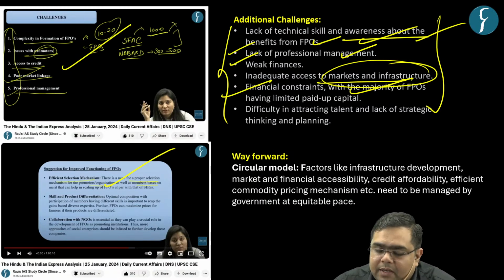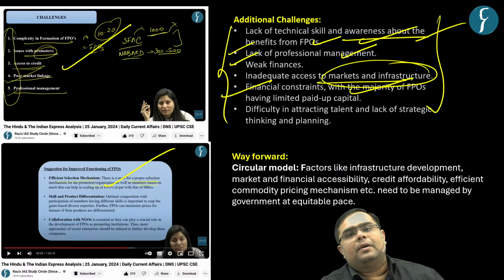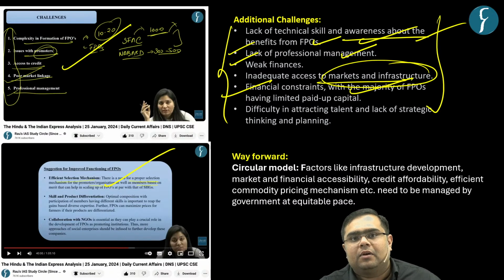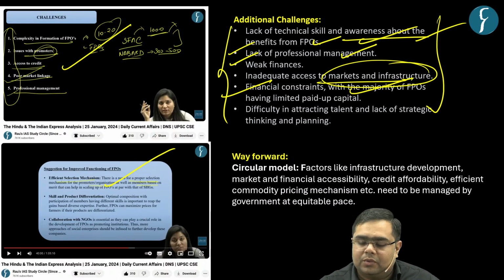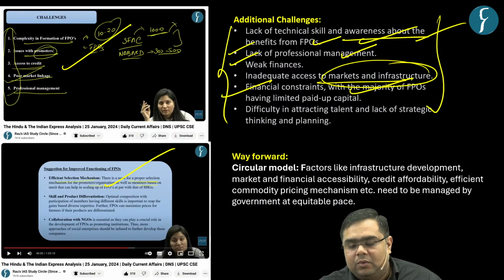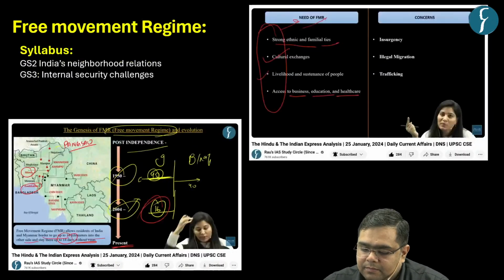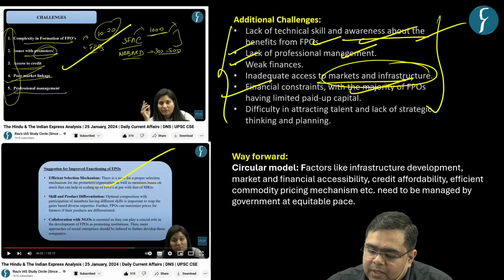And then there is an issue with respect to difficulty in attracting the talent or youth towards agriculture, because agriculture does not seem to provide enough for the growing aspirations and needs of the youth. So youth is reluctant to join agriculture as a remunerative business.